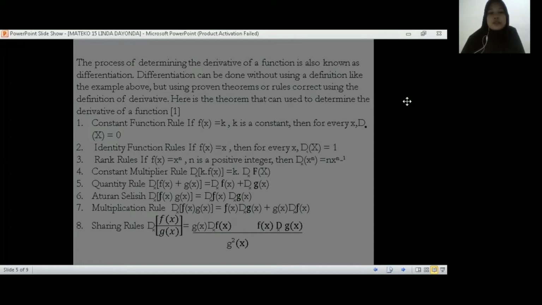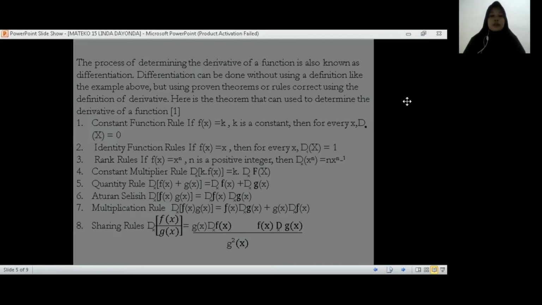Number one, constant function rule. If f(x) = k is a constant, then for every x, d/dx of k = 0. Identity function rule. If f(x) = x, then for every x, d/dx of x = 1. Power rule. If f(x) = x^n, where n is a positive integer, then d/dx of x^n = n x^(n-1).